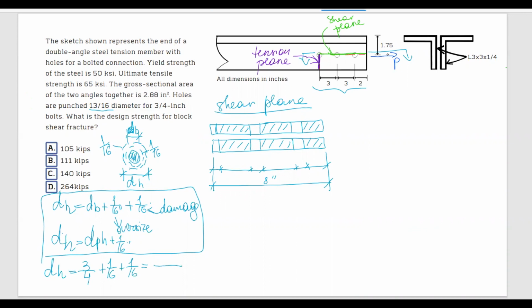This is going to equal 12 plus 1 plus 1, I will get 14/16. And this will give me 0.875 inches.